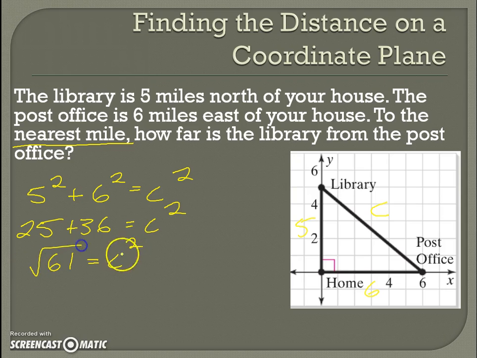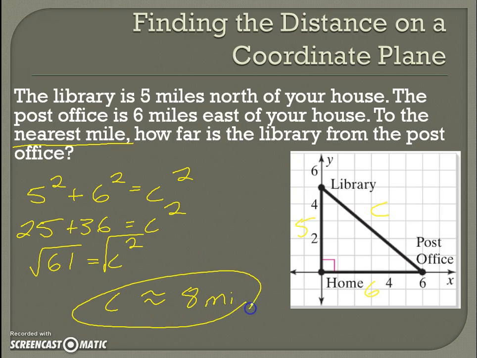And then using my calculator, I find the square root of 61. Rounded to the nearest mile, c is approximately 8 miles. Okay, so again, we're just using the Pythagorean theorem to find the distance of this by using this as a leg length and this as a leg length.